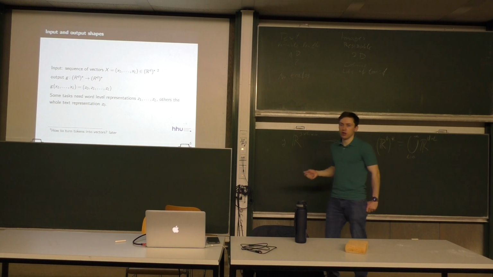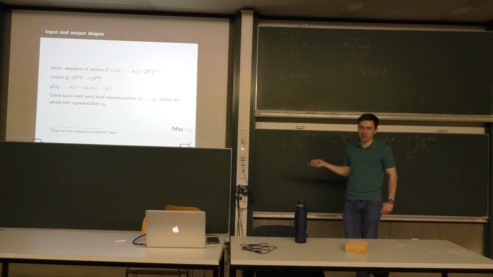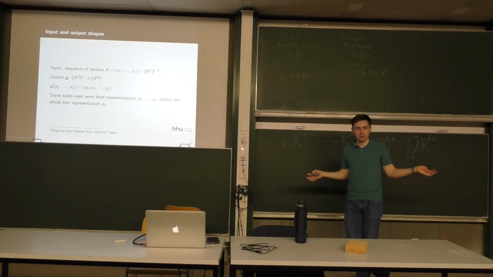We then use it for tasks that are not token level, tasks that use the whole input, like sentiment classification. So tasks that take the input and give a finite number of outputs.